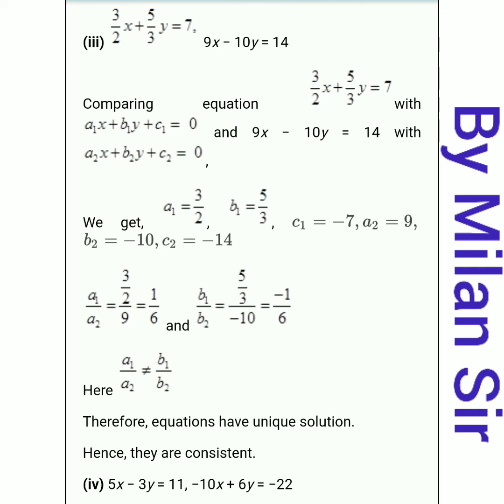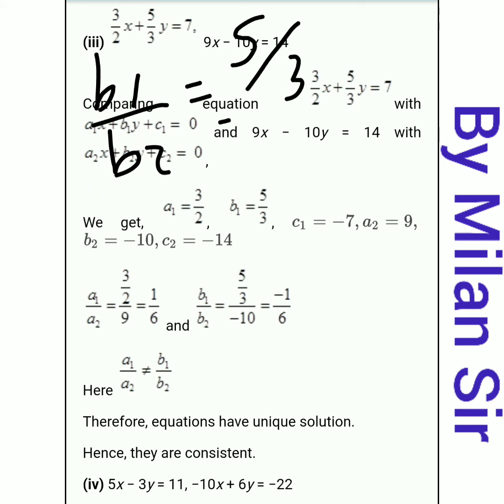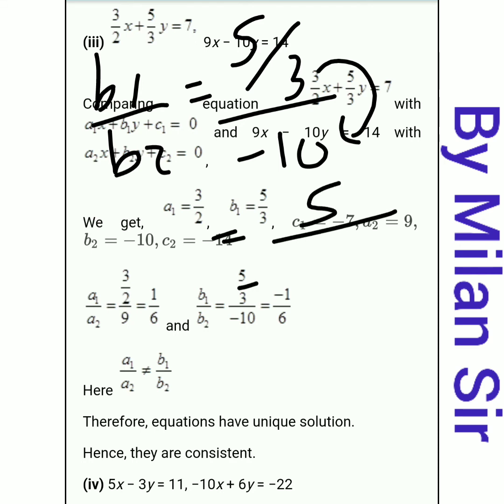Then B1 upon B2. B1 is equal to 5 by 3 and B2 is equal to minus 10. Again this denominator comes to the denominator. So 5 here, minus 10 here and 3. Then 5 twos are 10.